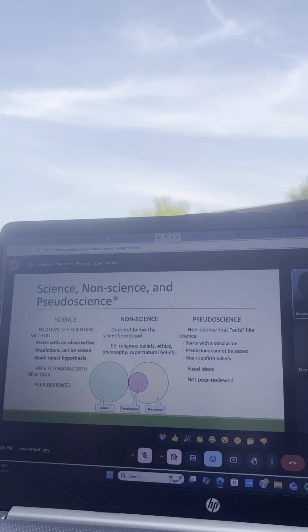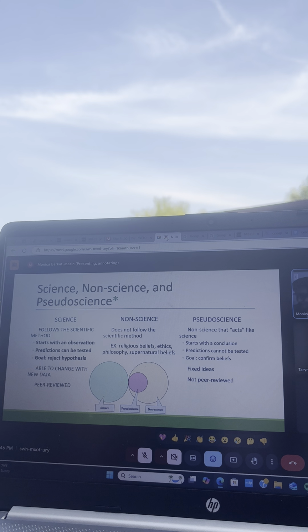So that's why it has a lot of backing, because it's not that you just come up with something. It has gone through a lot of different steps before you start following it. So that's science. Now, what is non-science?